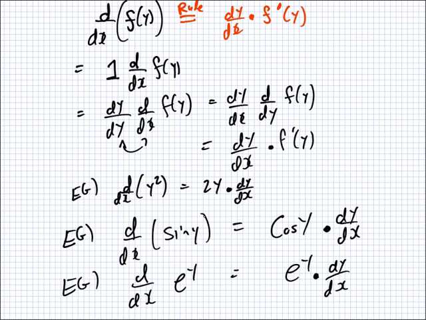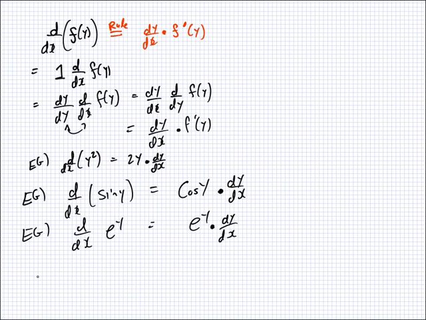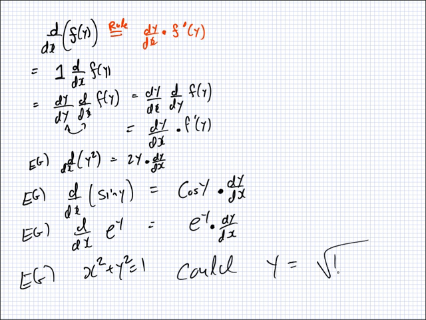Watch this example. Take x squared plus y squared equals 1. We want dy/dx. What you could do is change this into y equals the square root of 1 minus x squared. But what you could also do is differentiate.